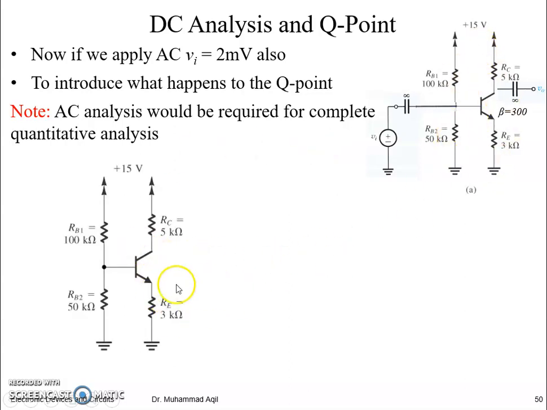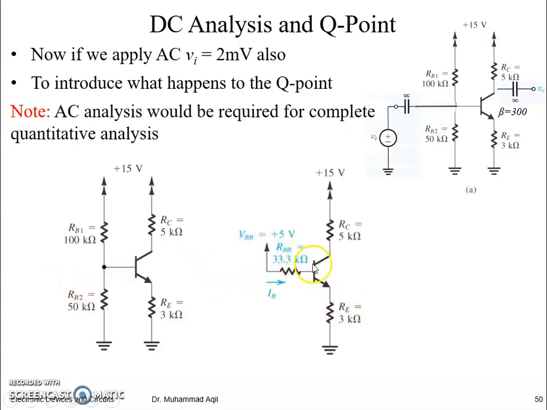This was the pure DC circuit we have already analyzed by Thevenizing it, so whatever we analyzed here is applicable here. Now if we apply an AC to this terminal, it is similar to applying the AC signal to the Thevenized form of this circuit at this terminal.